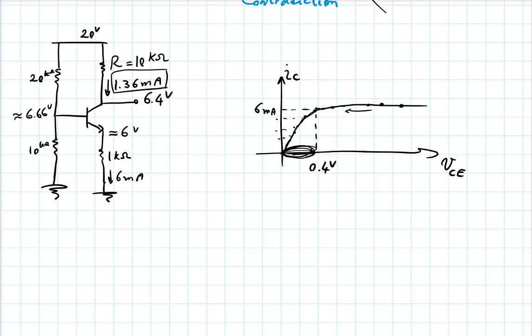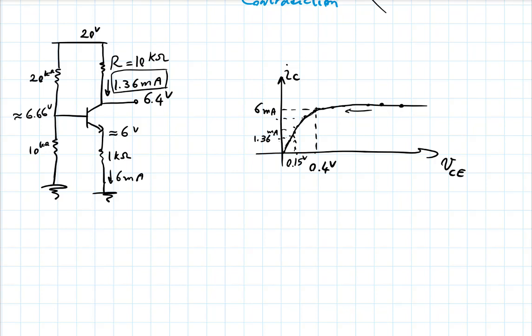That's 1.36 milliamps. So now look, it means on the graph you're somewhere around here. Not at 6 milliamps, but you're somewhere here. Let's say 1.36 milliamps. And your collector emitter voltage is maybe not 0.4, but maybe 0.15 volts, right? I'm just making these numbers up approximately.